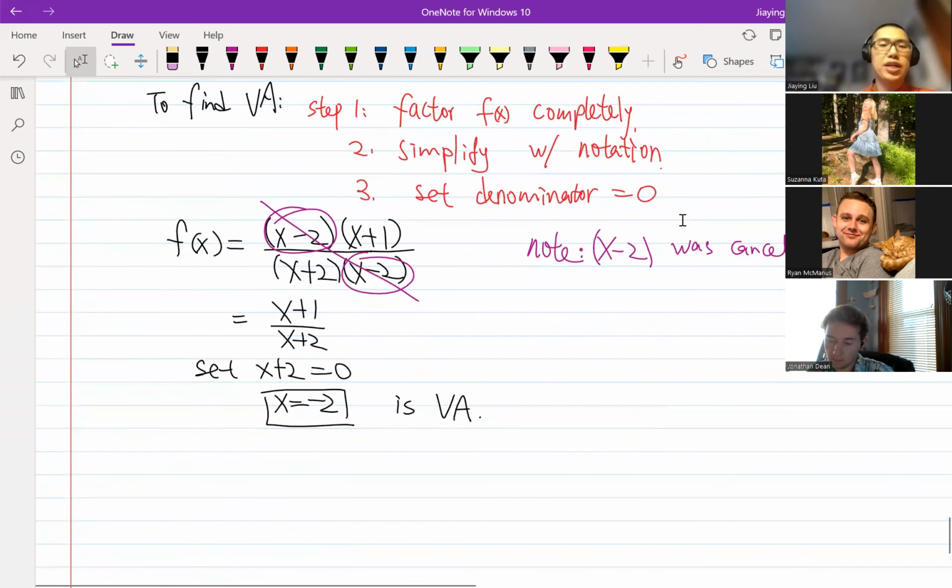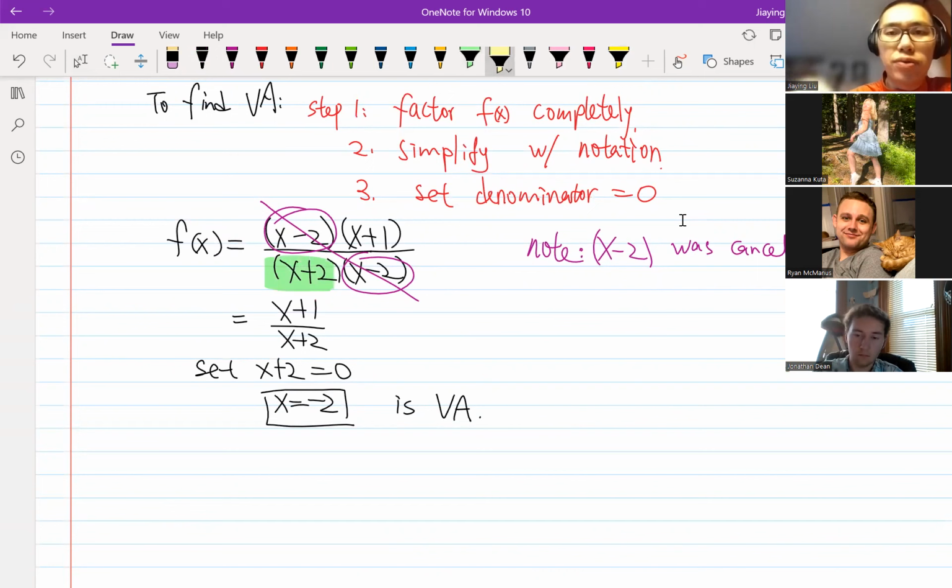Here we're looking at the factor x plus 2. And what is the exponent of this? Well, it's just 1, because x plus 2 has the exponent 1. So the graph is going to be divergent at this vertical asymptote.